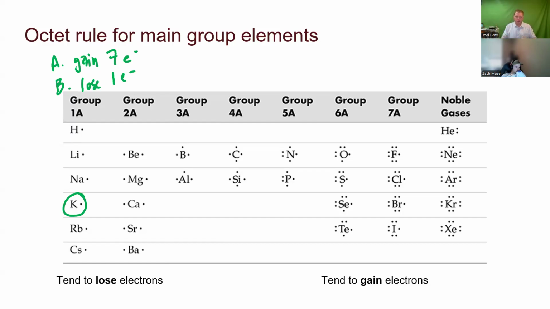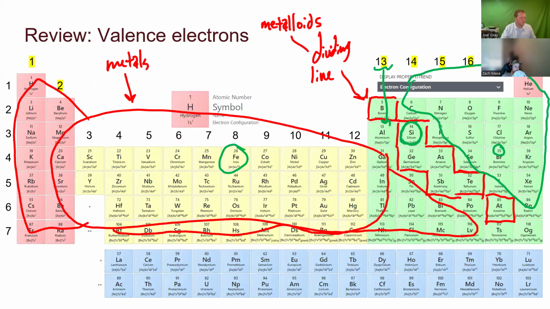Now, with that in mind, can anyone tell me what atom potassium will have the same electron configuration as when it loses that one electron? Give me the symbol. Ar. Argon. You're absolutely right. Because if we look at the periodic table, here's potassium.